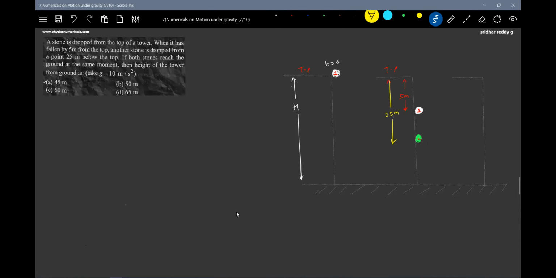This is released from rest here, and this is also released from rest. Both the stones reach the ground at the same moment.